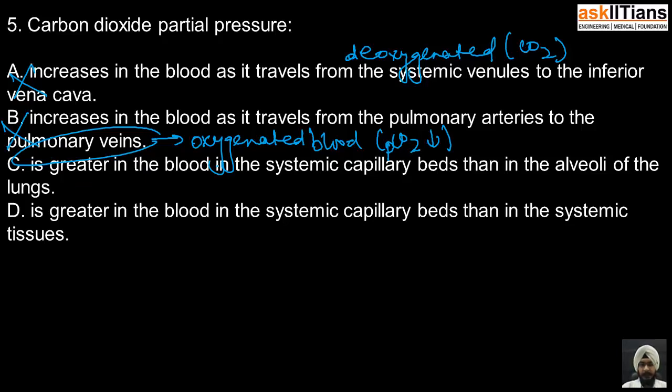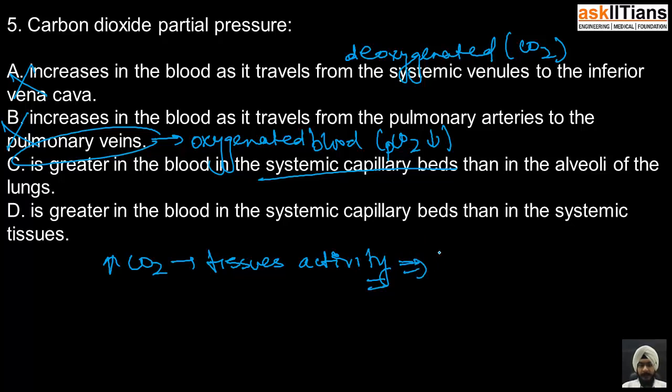Next it says it is greater in the blood in the systemic capillary beds than in the alveoli of the lungs. This option is correct, because in the systemic capillary beds there will be increased CO2 coming from tissue activity. At the level of the alveoli there is decreased carbon dioxide, and there is increased carbon dioxide in the systemic capillary beds.